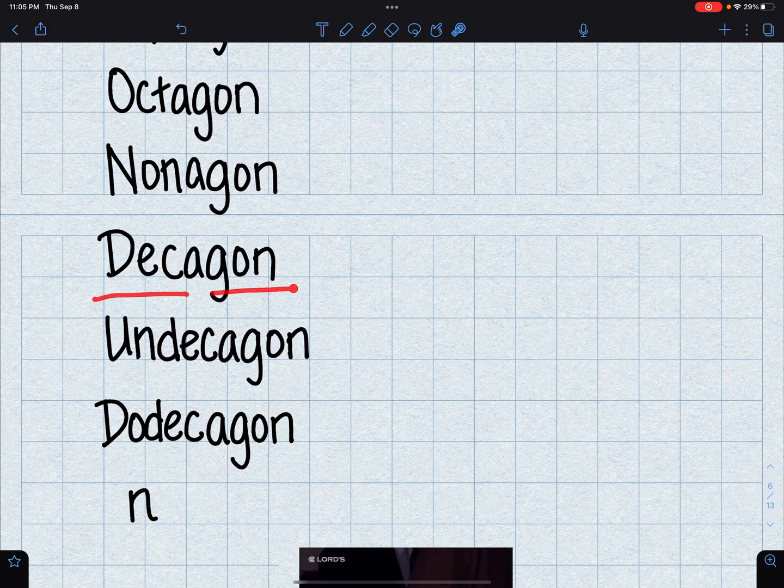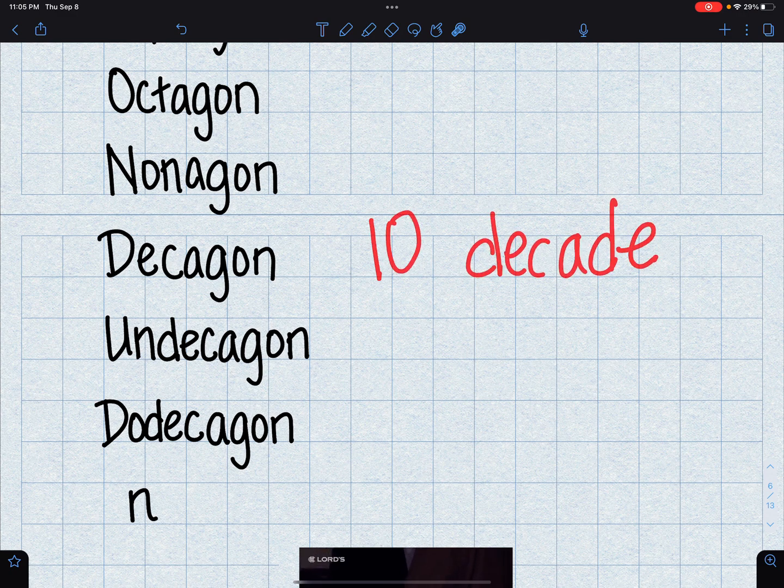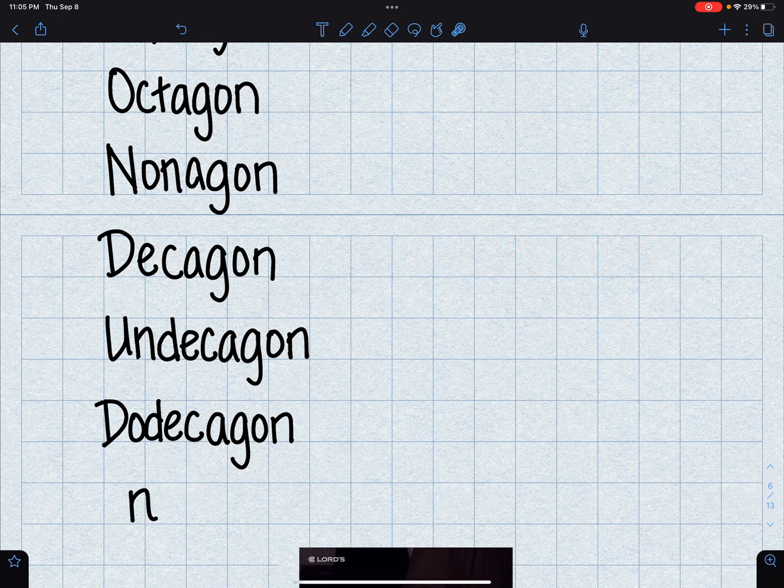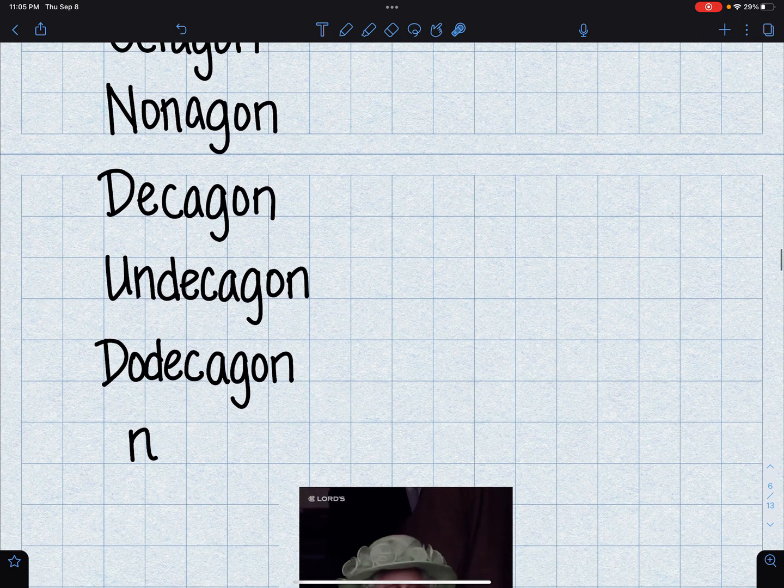Decagon, dec means 10, and that makes sense to me because of the word decade, which also means 10 years. What else has that prefix, dec? I don't know. Something else, something probably with a 10 in it. What about an undecagon?